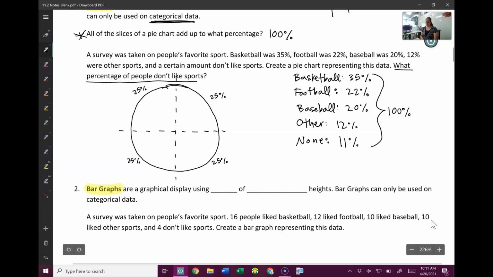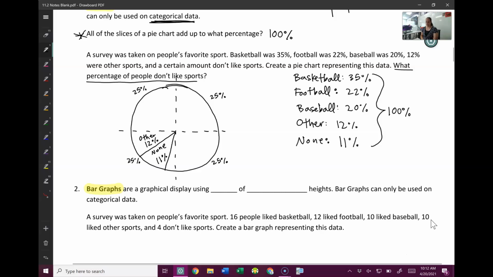So, for example, if I have other and none, both of those are a little less than 25. If I add those together, I get 23. So I'm going to do other and none with a little bit left over because they don't quite add up to a full 25%.